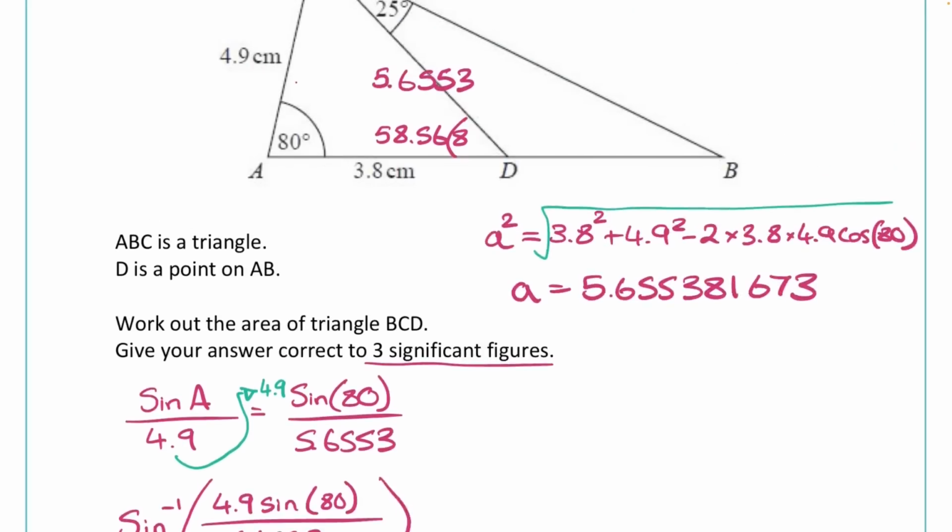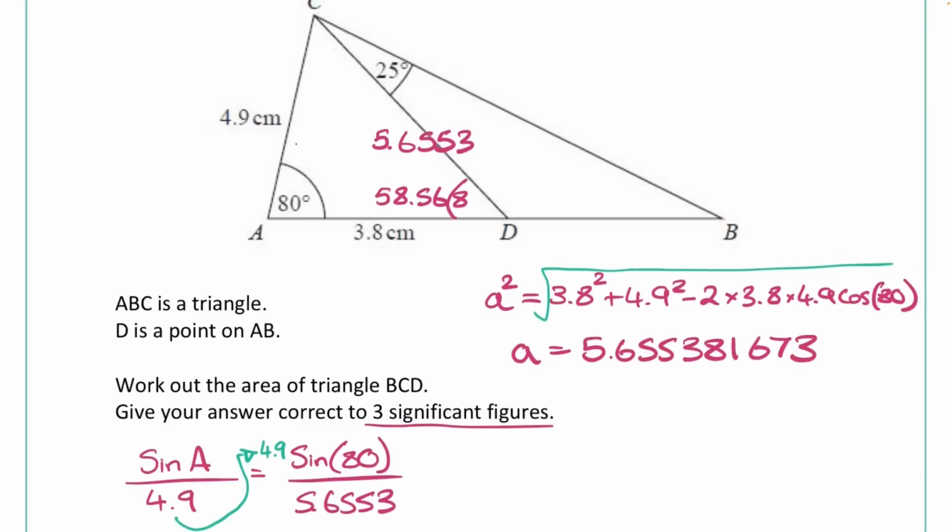And then a few more, but I'm going to leave it there. I can now work out this angle next to it on the straight line. So I can take that away from 180, and that is equal to, on the calculator, 121.431.